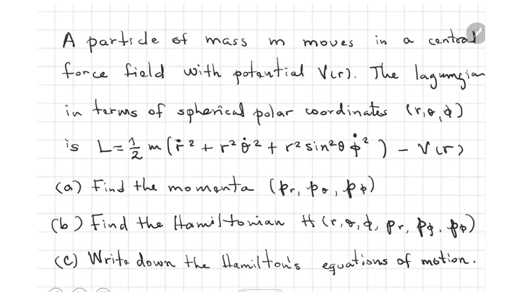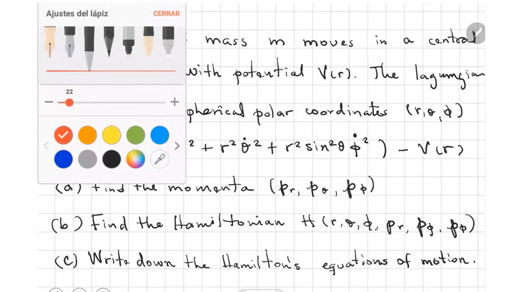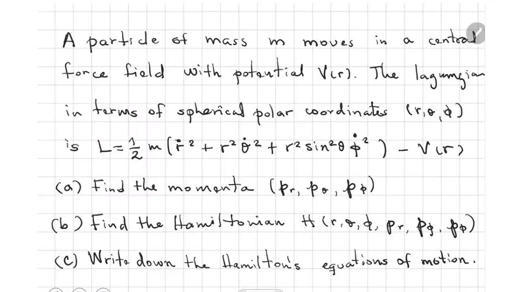In this opportunity, we are going to resolve the third part for this problem, part C. The problem says a particle of mass m moves in a central force field with potential V. The Lagrangian in terms of spherical polar coordinates is given here in the problem.